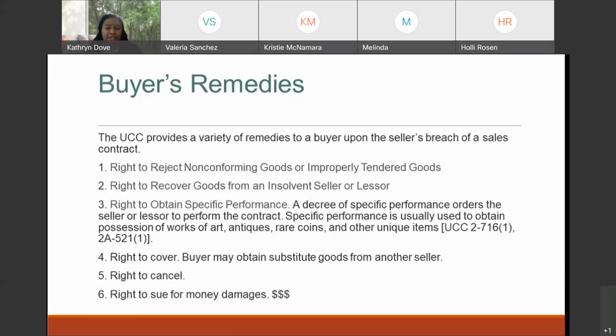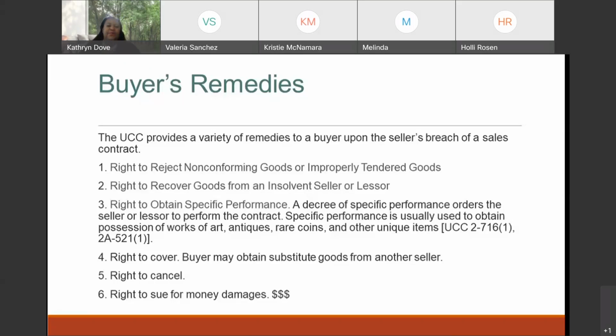That way the buyer is not going to incur any more damages because the construction project can't go on. You would just need to obtain substitute goods from another seller, and that's called covering. And if it costs a lot more to obtain the cover, the buyer can sue the seller for the damages of having to cover and the additional cost.